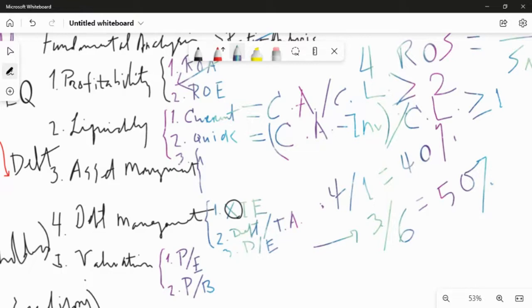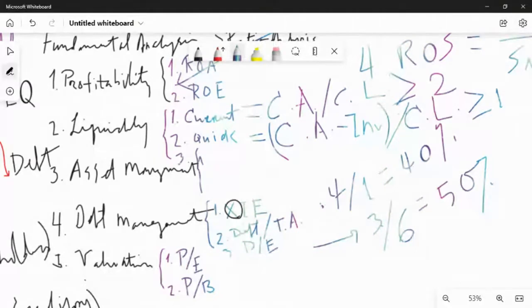So liquidity ratios can stand alone, because they've got a clear criteria, but still, you need to compare it with the industry average. If the industry average for the current ratio is 6 and your current ratio is 3, you're still below industry average.